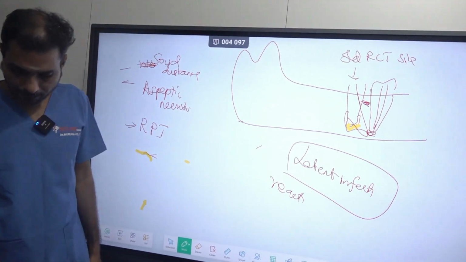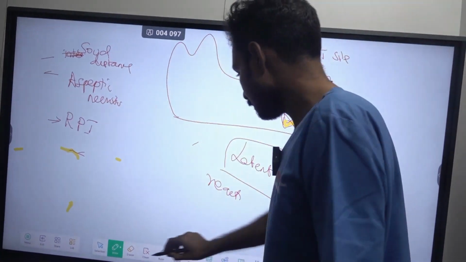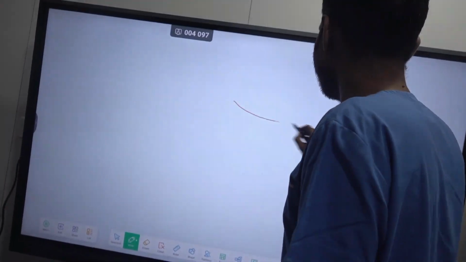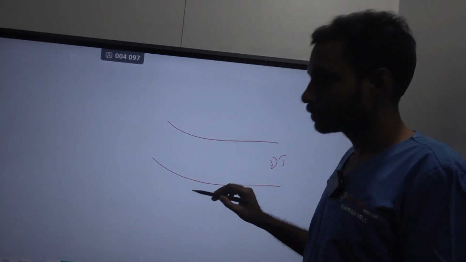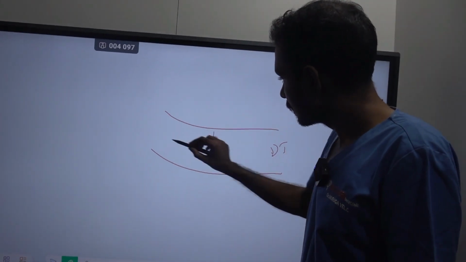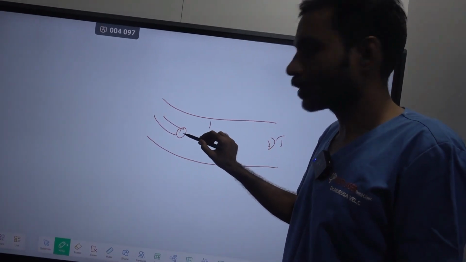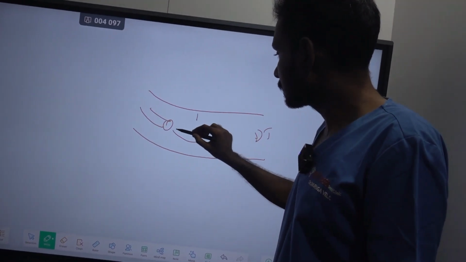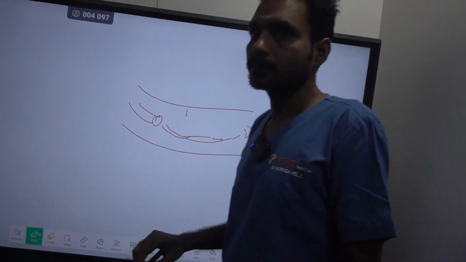And one more reason for RPI is very D1 bone, lower anterior mandible. This is the mental foramen. From the mental foramen, you can see the incisive canal running here.